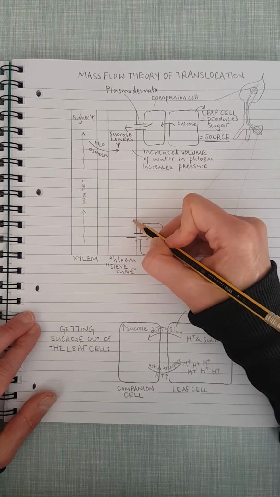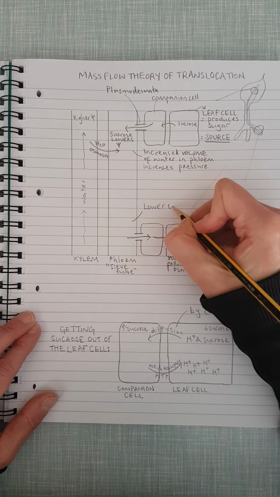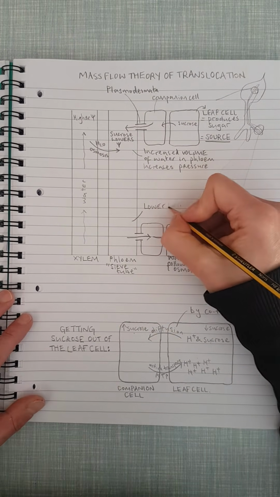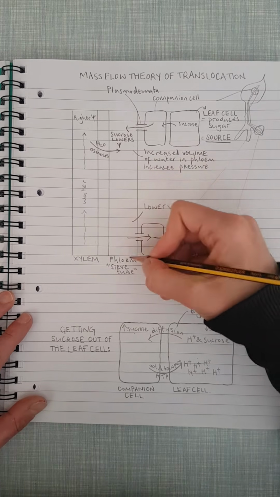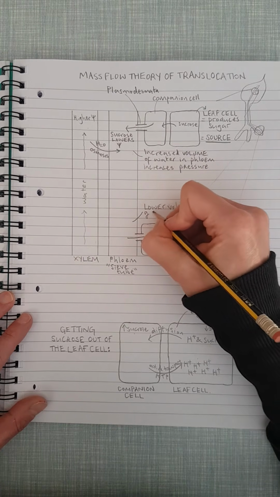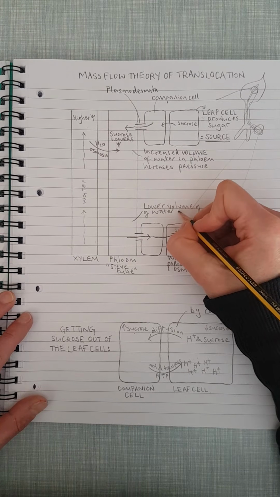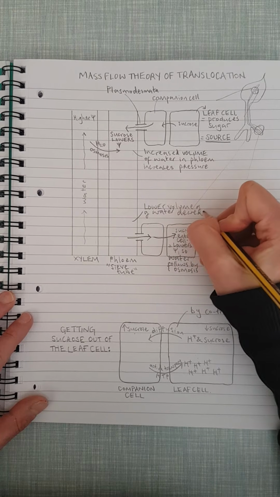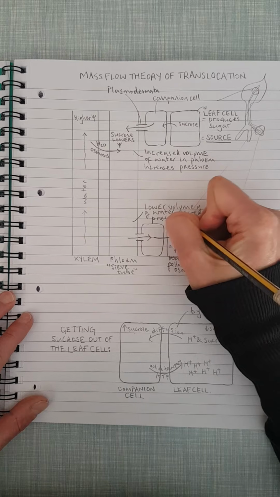So we now have a lower volume of water at the bottom of the phloem. And of course, that's going to decrease the pressure.